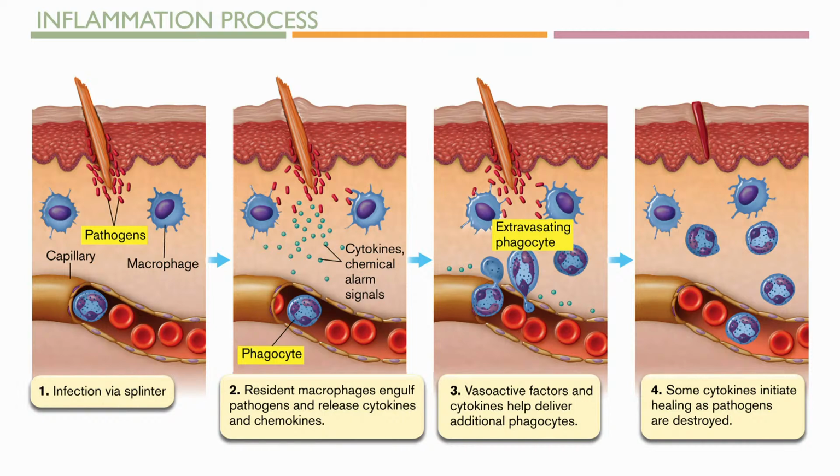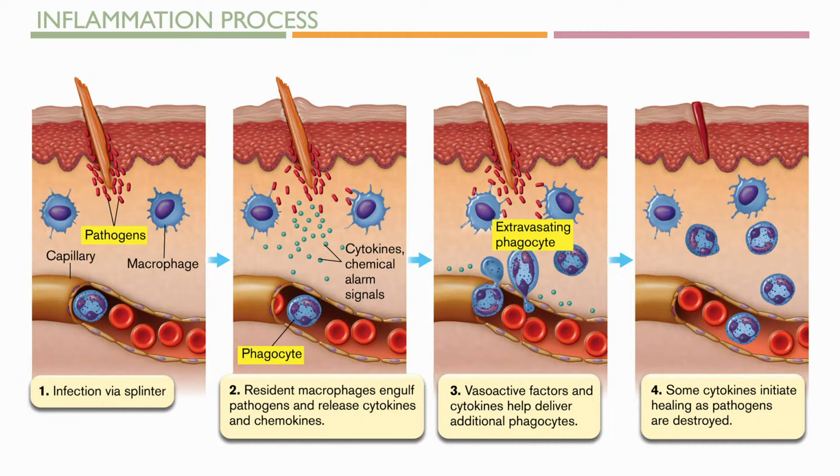We talked about what cytokines are. They're small molecules produced by immune cells, also by epithelial cells. They're produced by the body in many ways to signal that something is happening, so they're chemical alarm signals.